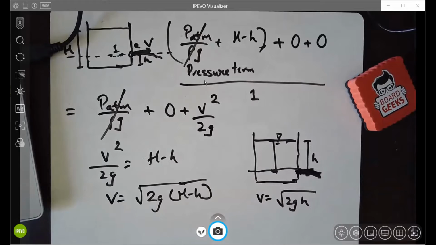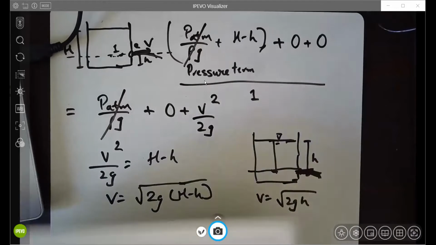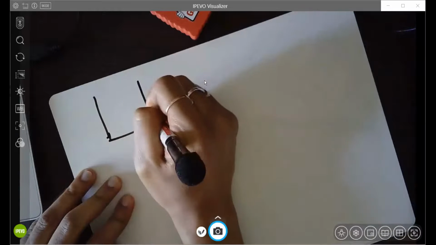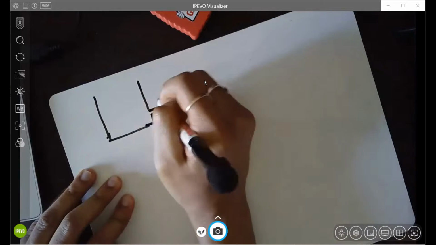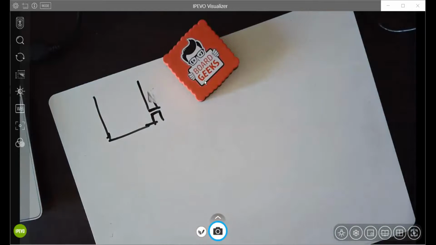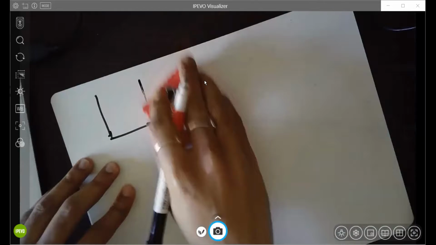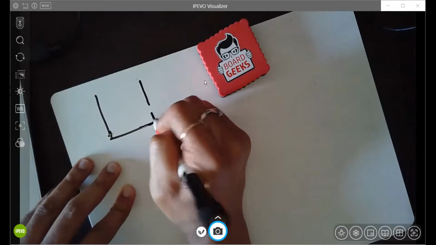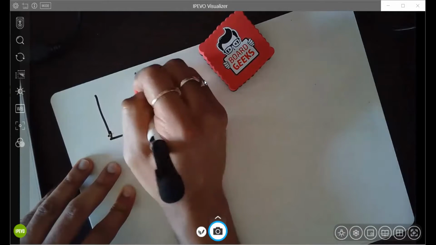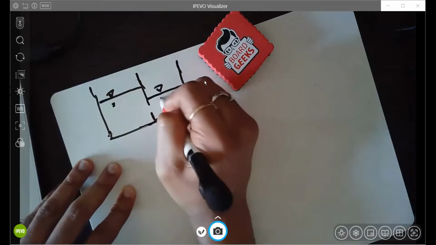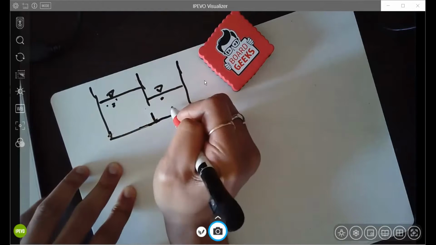If by any chance it's like this, basically the water is not flowing to the air, but it's flowing to another tank.